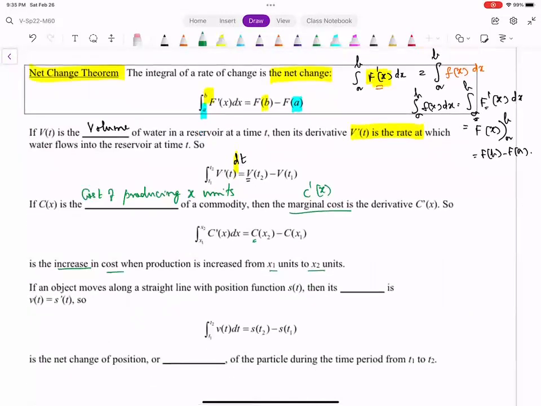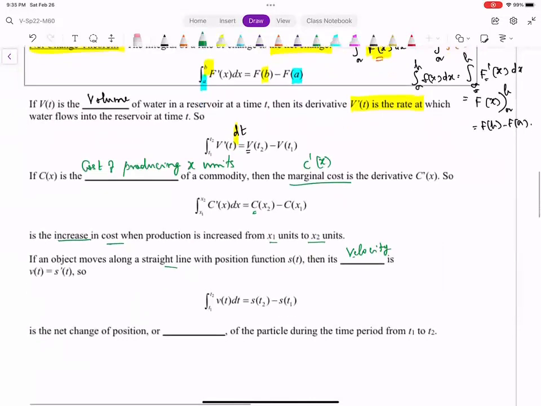If an object moves along a straight line with a position function S of t, then its velocity is the derivative, v of t, which is S prime t. So integral t1 to t2 v t dt. Note here, what is v of t? It is the derivative of the position. Now you have integral and the derivative, so they kind of get cancelled out.